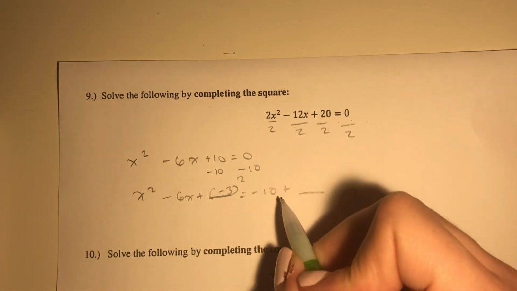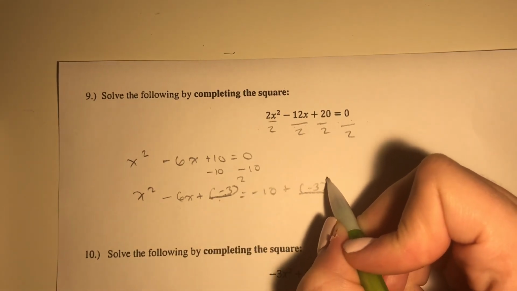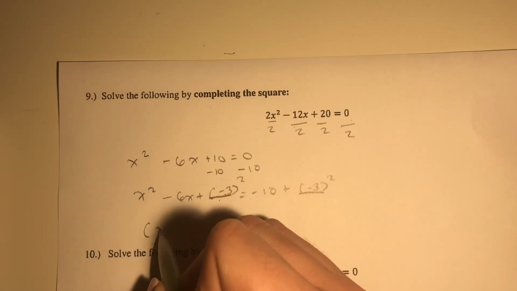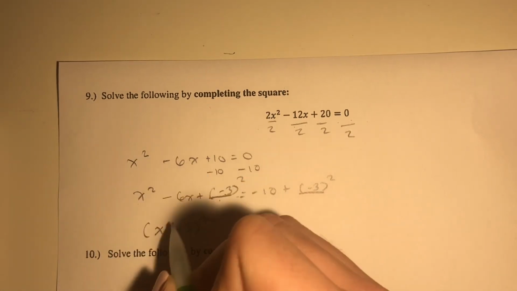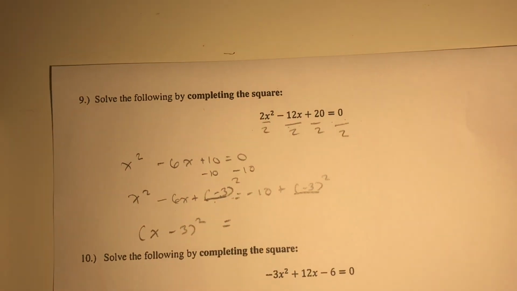I square that, and then we're just going to duplicate this and drag it over here, negative 3 squared. This is very simple. All we have to do is x minus 3 squared equals, negative 10 plus negative 3 squared. So negative 3 squared equals positive 9. So negative 10 plus 9 gives us a negative 1.